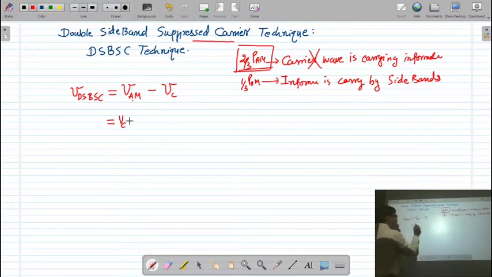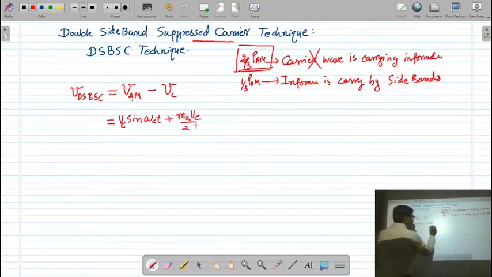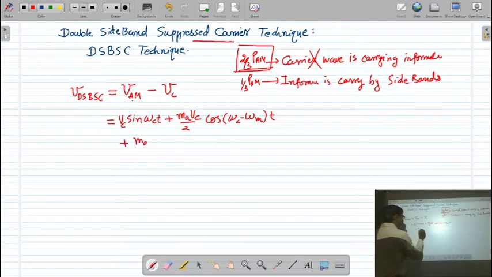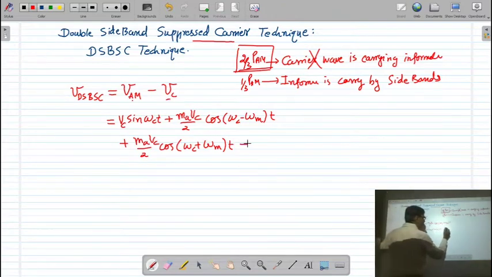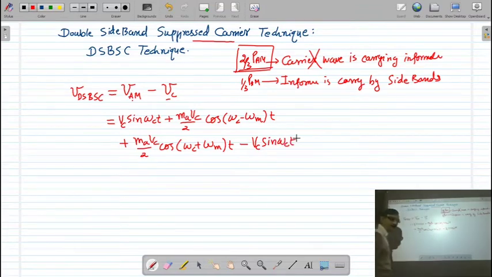So Vm is nothing but Vc sin omega c t plus MaVc by 2 cos (omega c minus omega m) t plus MaVc by 2 cos (omega c plus omega m) t. This is my modulated wave, and I am going to subtract the carrier wave, Vc sin omega c t, because we are suppressing the carrier wave.